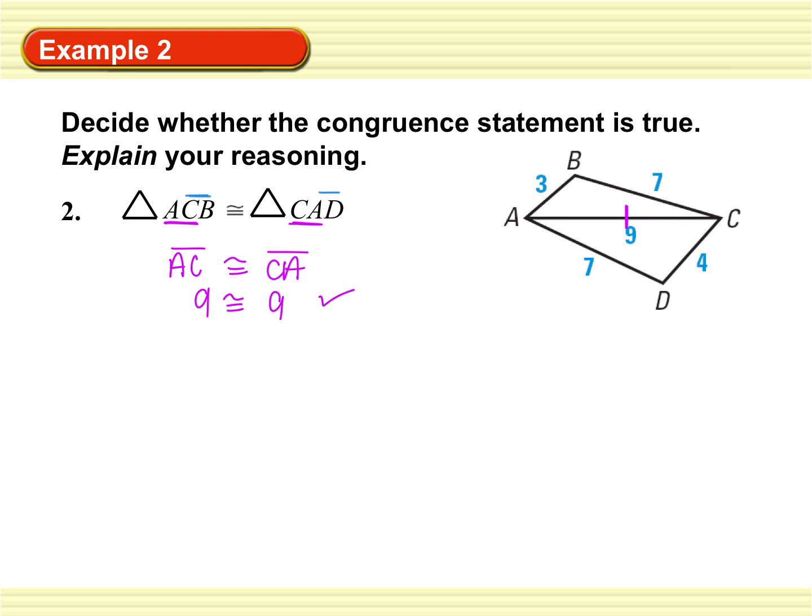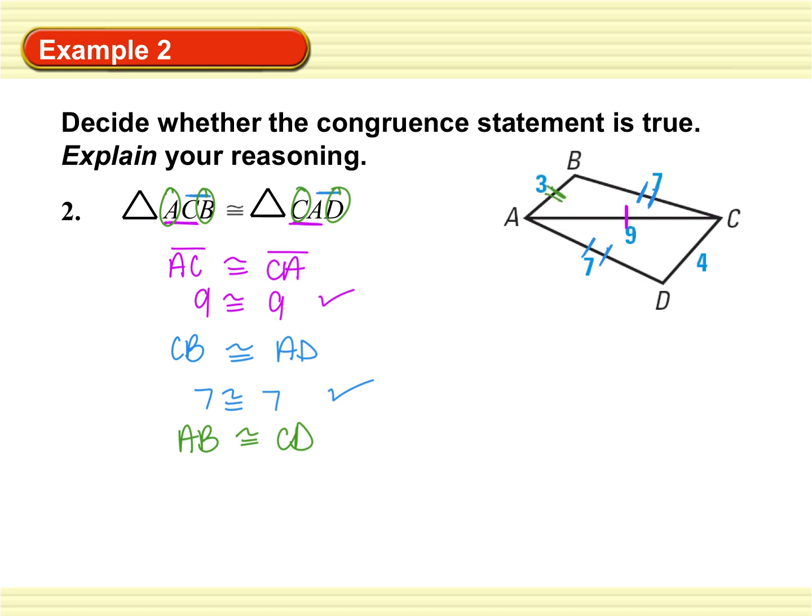Looking at the next one, I have CB is going to be congruent to AD. CB is right here. I'm going to make 2 marks. AD is right here, and that's 7 is congruent to 7. So far, so good. And then the last one, I have AB is congruent to CD.